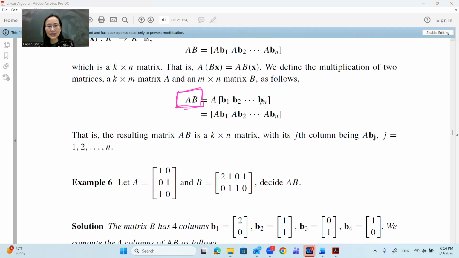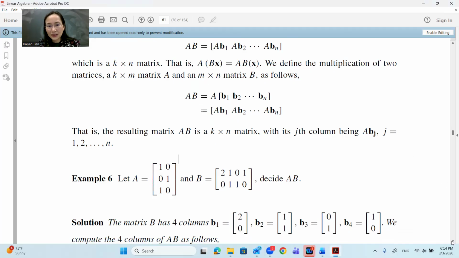Then this matrix is simply this, assuming the matrix B has n columns B1, B2, Bn. So the product is simply AB1, AB2, ABn. So we can find the n columns of the product matrix. Then we have found the matrix, because if we have found each column of the product matrix, then we have found the matrix. So see this example.